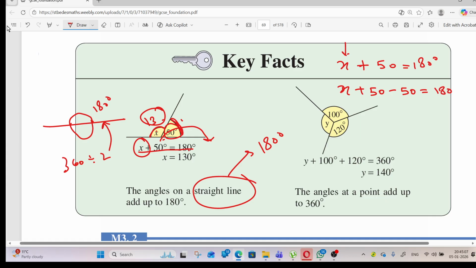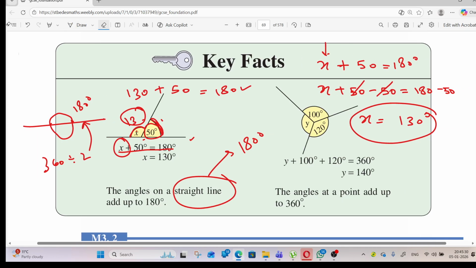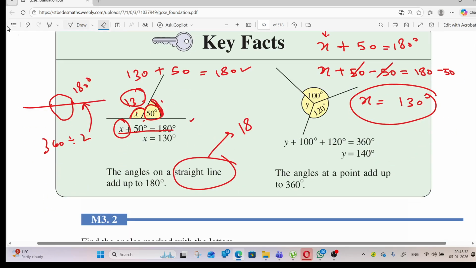Whatever is there with x, I need to do the opposite of that. This is plus 50, so I subtract 50 from both sides. Plus 50 minus 50 is 0. I have x, and 180 minus 50 is 130 degrees, which is my answer. I can even check: 130 plus 50 gives me 180, right? So angles on a straight line always add up to a straight angle, which is 180 degrees, right?